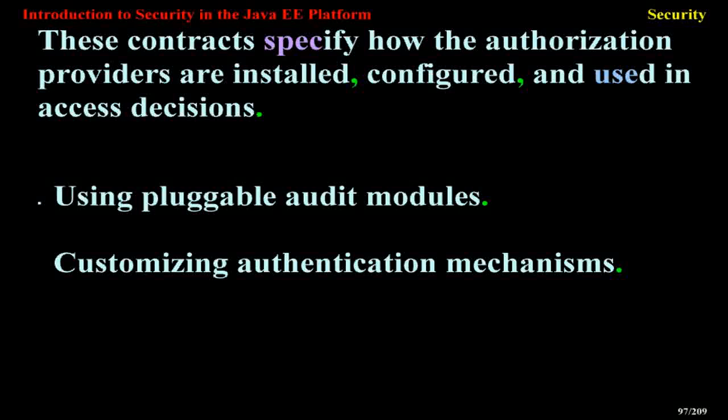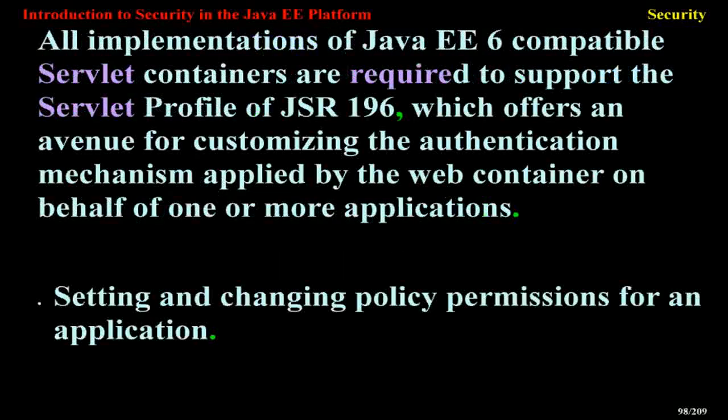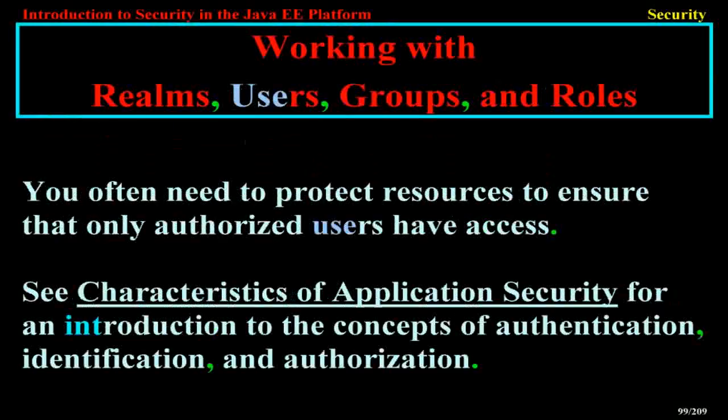Customizing authentication mechanisms. All implementations of Java EE 6 compatible servlet containers are required to support the servlet profile of JSR 196, which offers an avenue for customizing the authentication mechanism applied by the web container on behalf of one or more applications. Setting and changing policy permissions for an application.